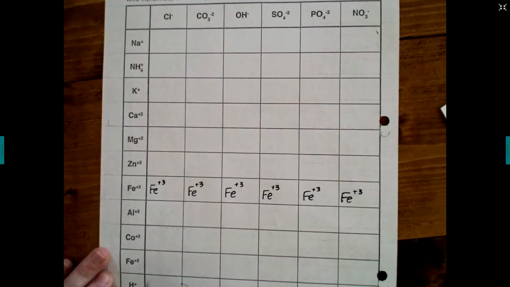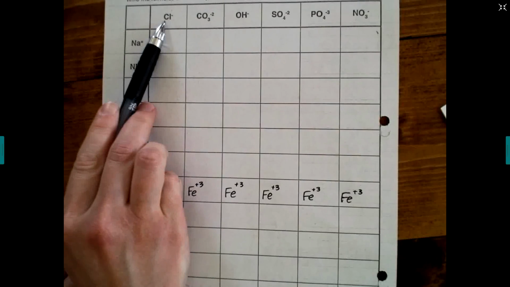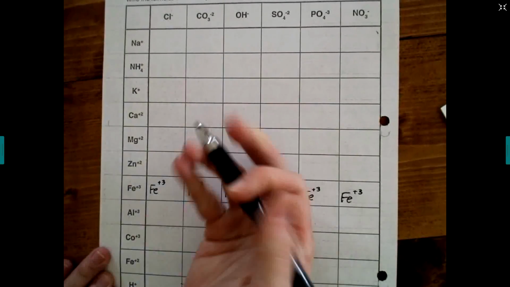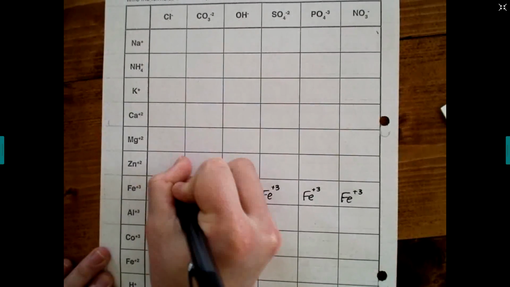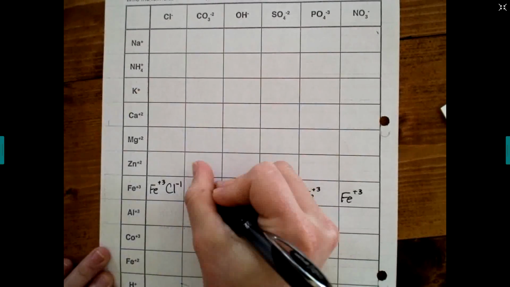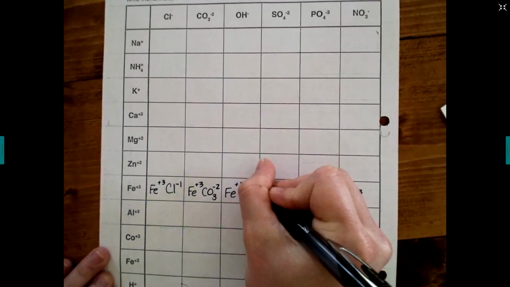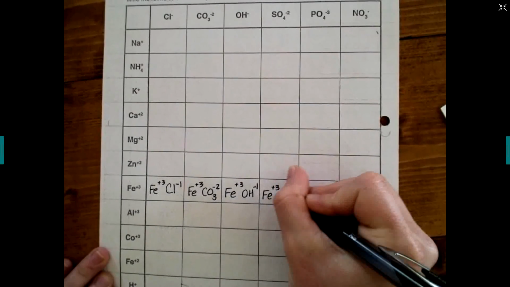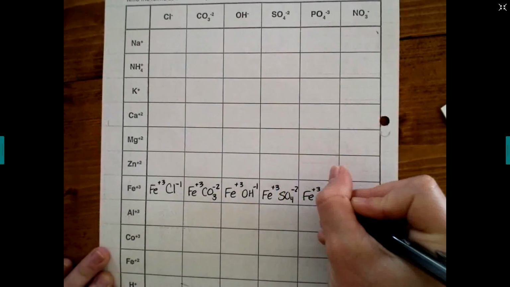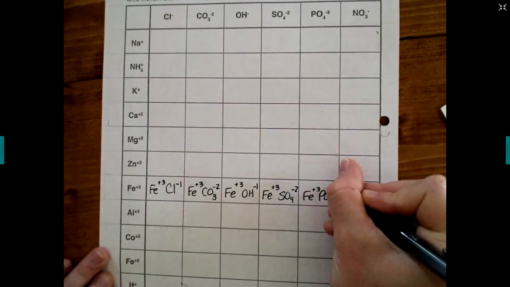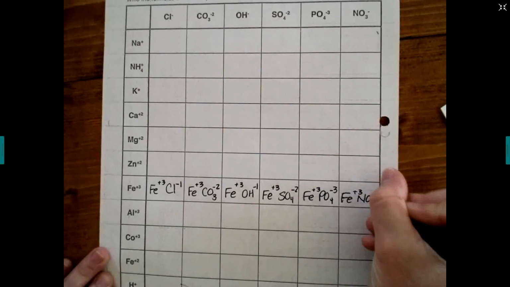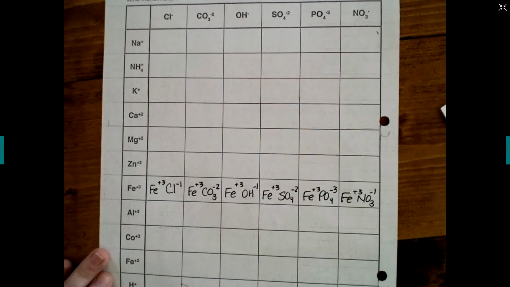And then you're going to take whatever anion is in this first column and bring that down. Cl -1, CO3 -2, OH -1, SO4 -2, PO4 -3, and then NO3 -1.